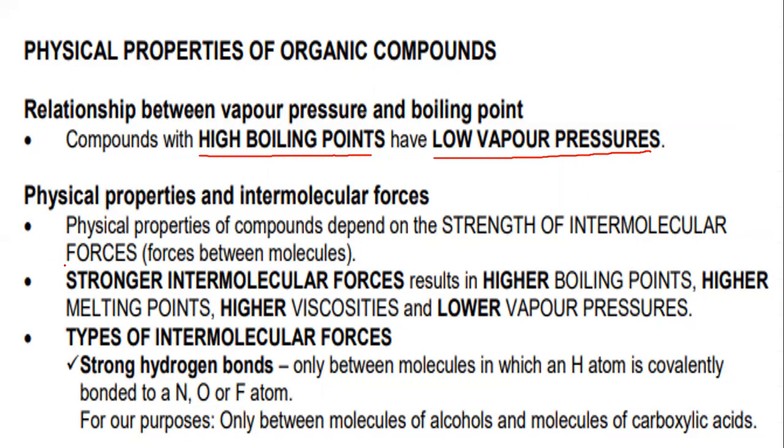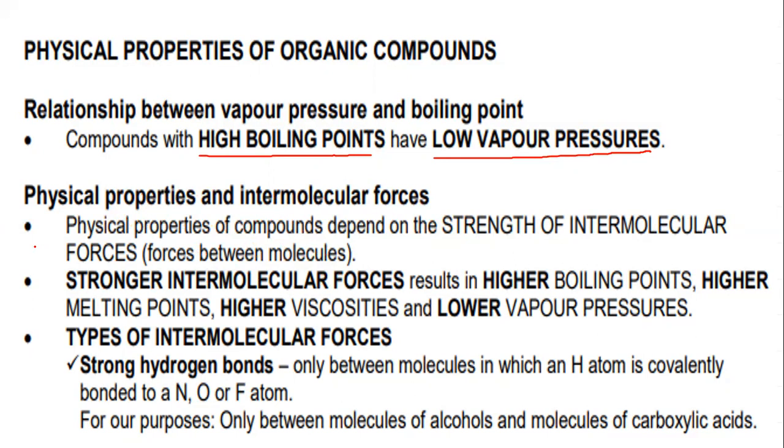Then let us talk about physical properties and intermolecular forces. Now, the physical properties of compounds definitely depend on the strength of intermolecular forces, those forces that you get between molecules. What does this tell us?